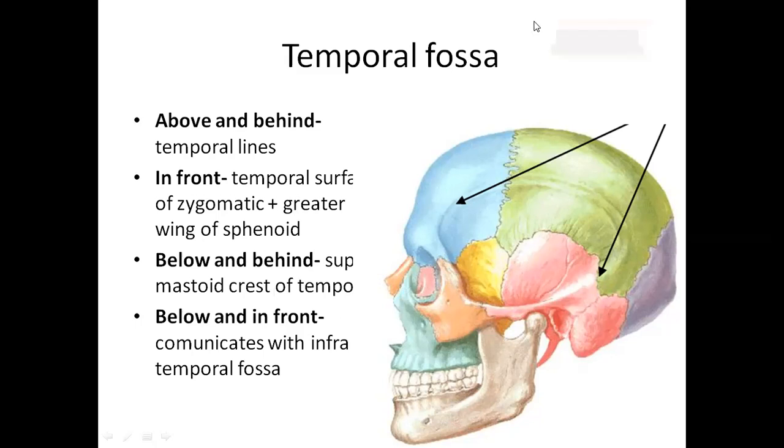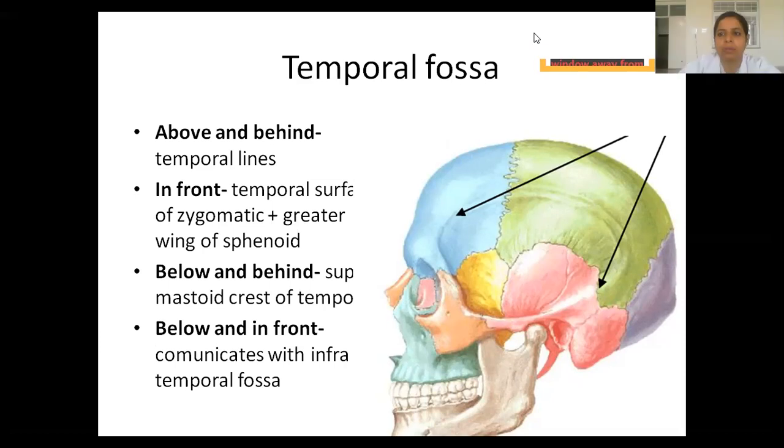So let me show you the bone also now. Now see here, where is this infratemporal fossa region? You can see this area. First we have this temporal fossa. I am using the same position that you are seeing on the screen. So above, we have the temporal lines.